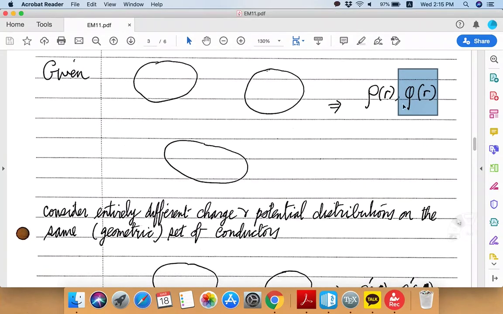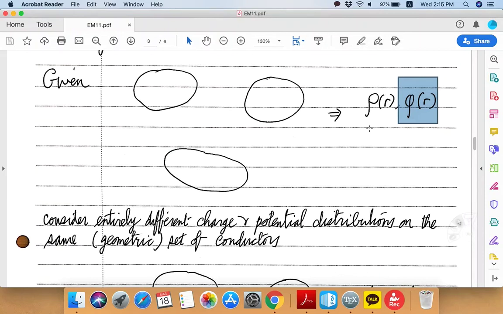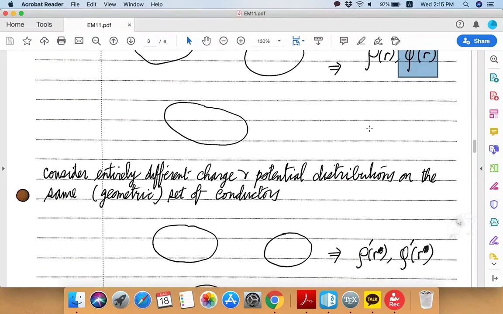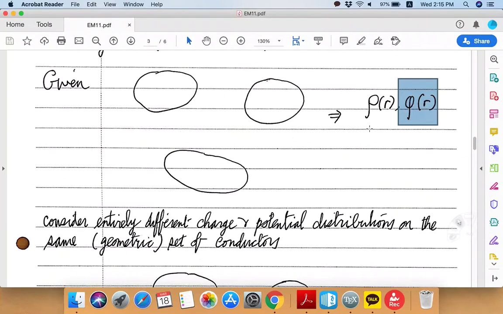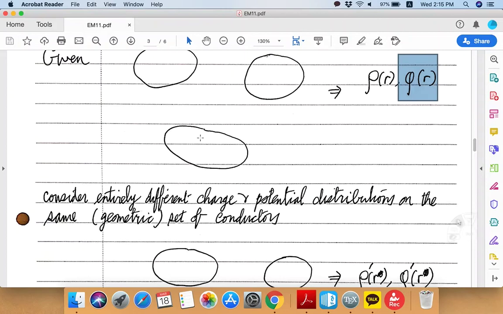And given this information, we can obviously compute the electrostatic energy. However, now, given the same chunk of matter, so you don't change the shape of any of these materials, nor the locations of any of these materials, but what you do change is the potential distribution.